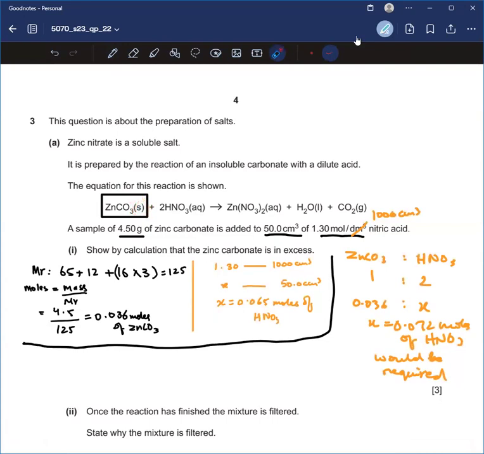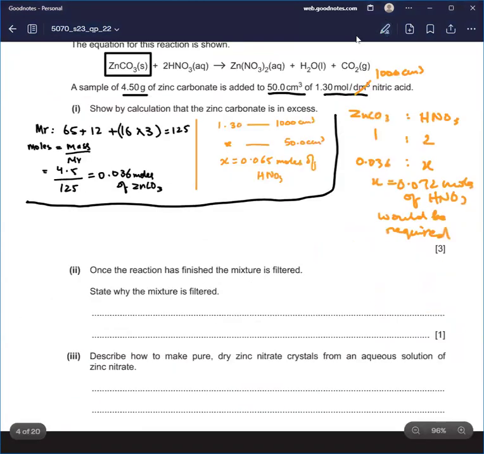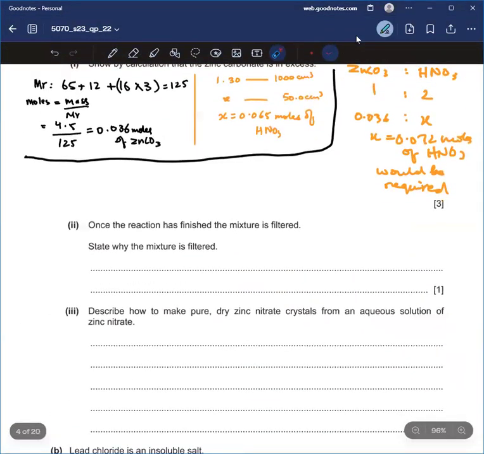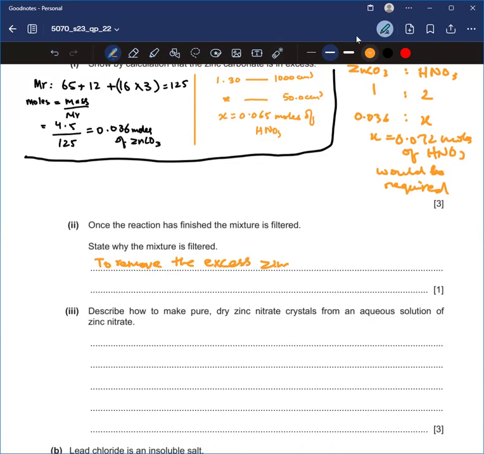So it's solid zinc carbonate, which means that we will be filtering out zinc carbonate, to remove the excess zinc carbonate.